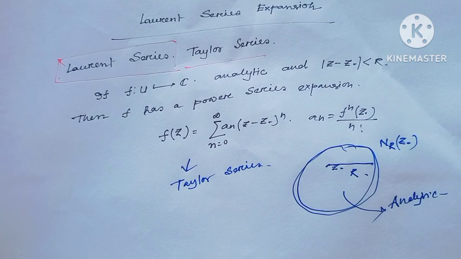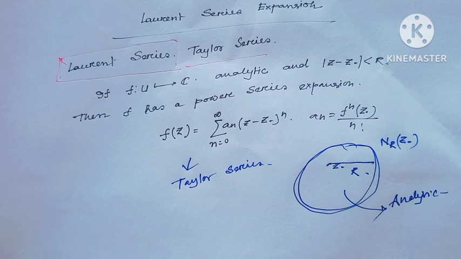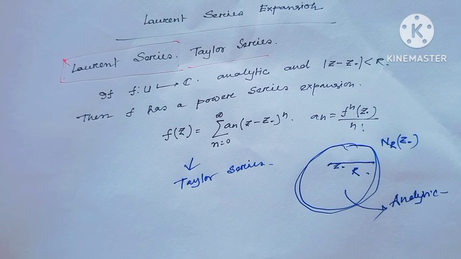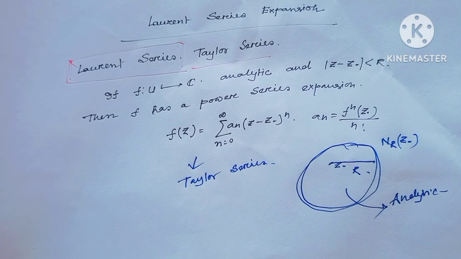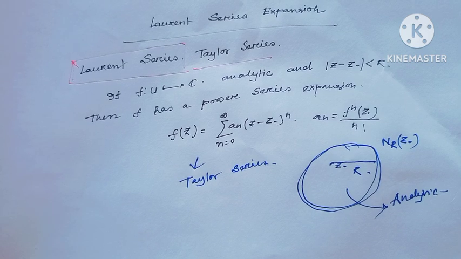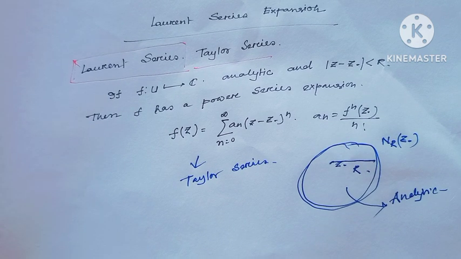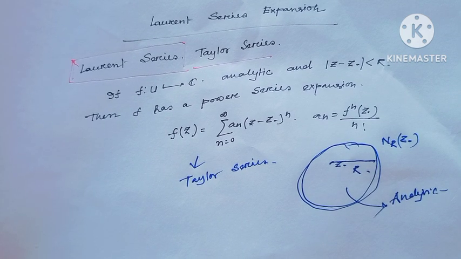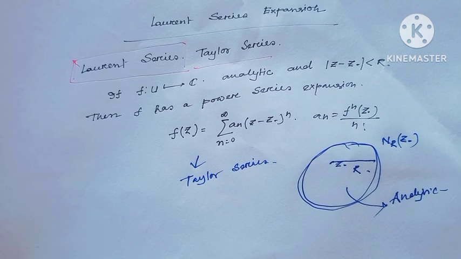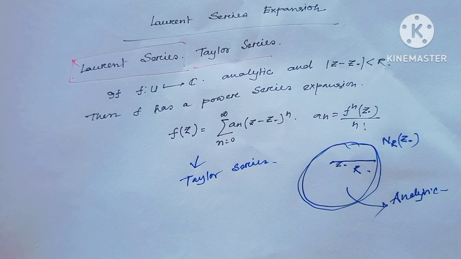Now I will say when the Laurent series expansion is applicable. Sometimes f may not be analytic at some point, and when f is not analytic at some point, then this point is called a singularity.